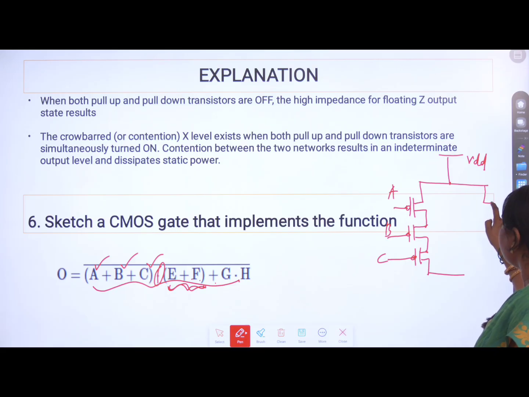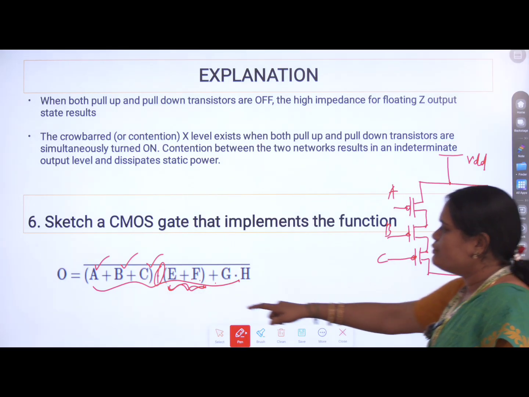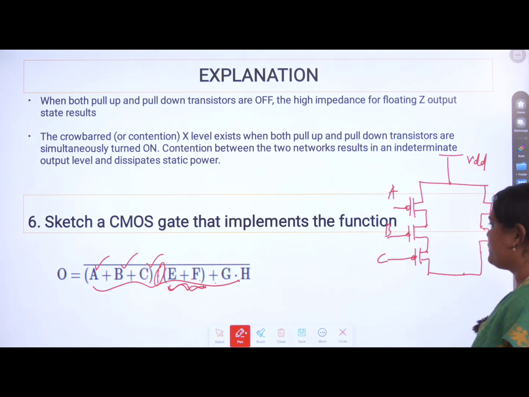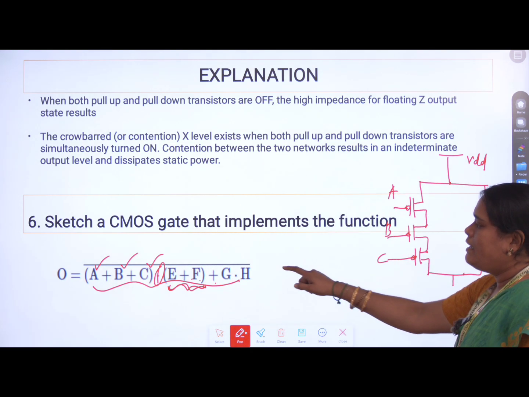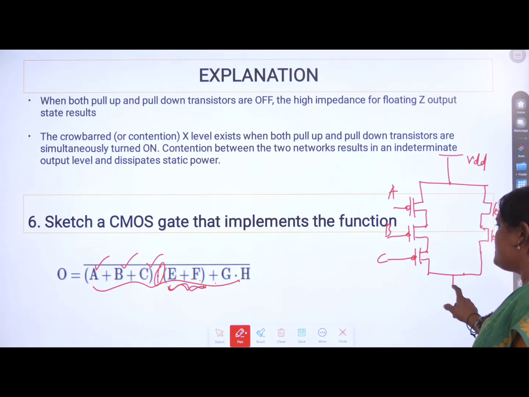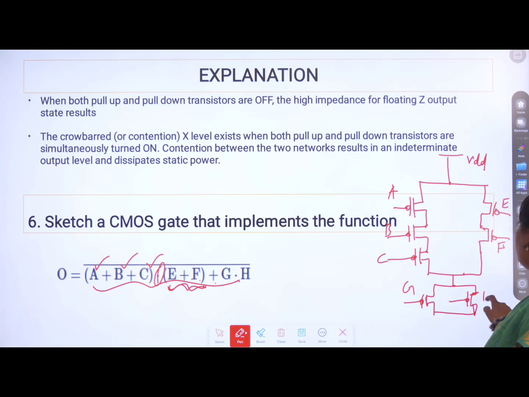So we can connect E and F in a series way which is parallel to A plus B plus C. Next, for G and H, again a plus operation exists, so G dot H is connected in parallel. So this is the design of the pull-up network.